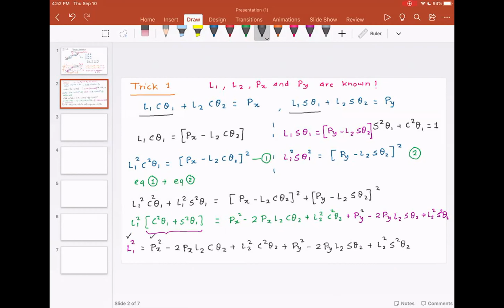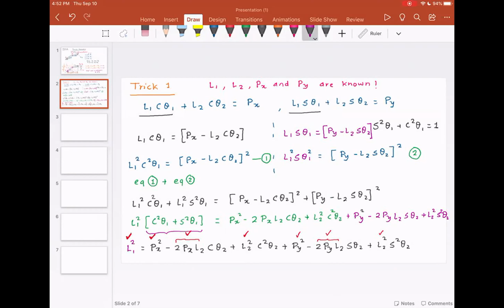Now let's identify which of these terms are completely known. L1 square is known, Px square is known. Cosine of theta 2 is not known, but 2 Px L2 is known. Py square is known, 2 Py L2 is known, and L2 square is known.